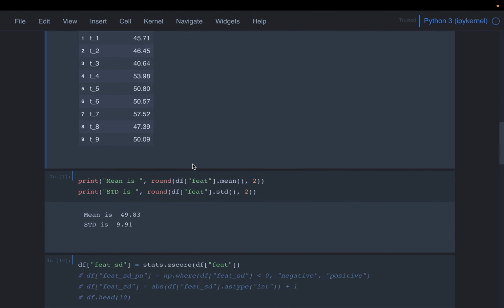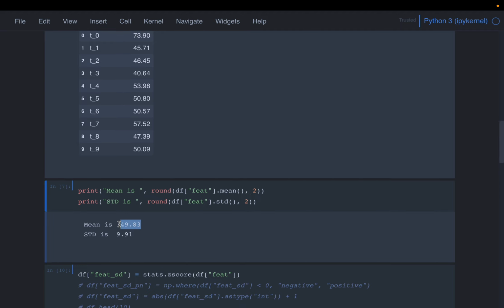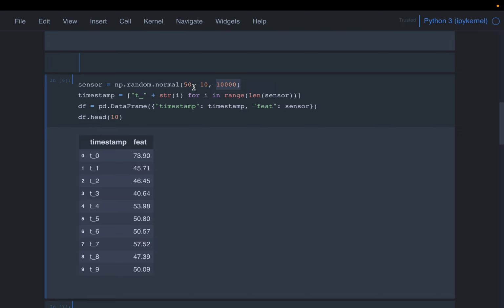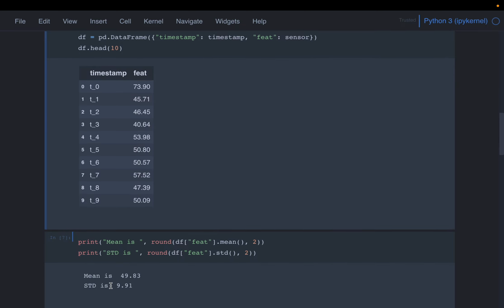Now we are computing the mean and standard deviation here. The mean, 49.83, is close to 50. As we increase the number of data points, the actual mean will be very close to the expected mean, right? Similarly, the standard deviation.